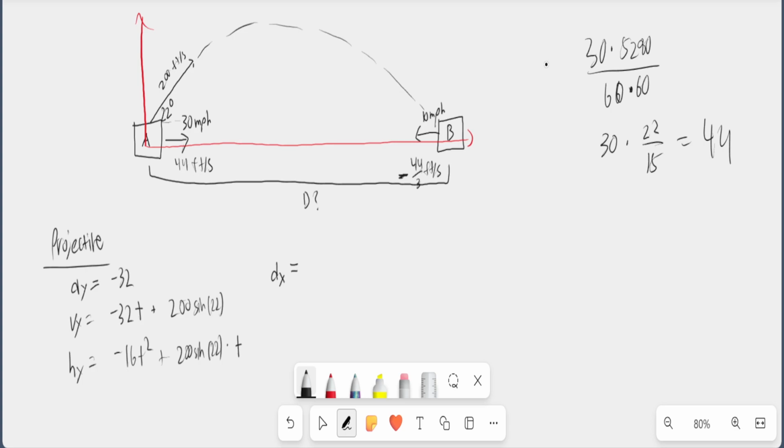Yeah. So let's say it was accelerating 2 feet per second squared, the car, right?